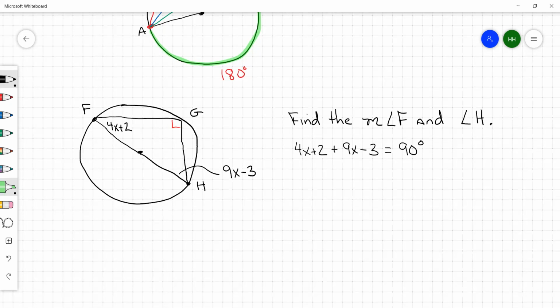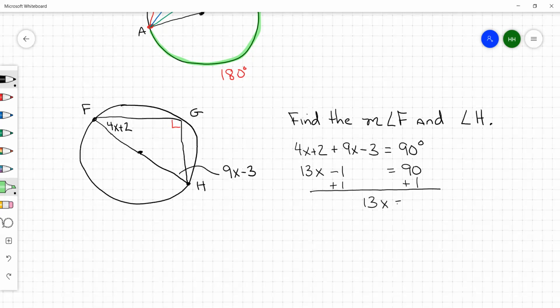So now you can combine like terms. Your 4x and your 9x, that's 13x. Your positive 2 and your negative 3, that's a negative 1. And all that's still equal to 90. So we can add 1 to each side, and bring down this 13x.